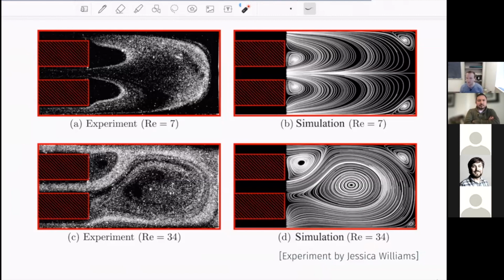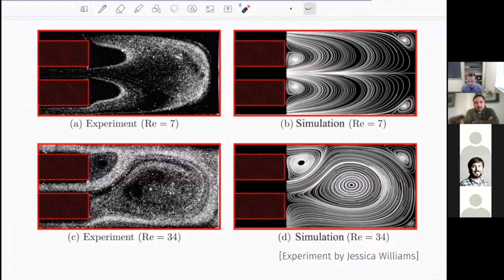For 7, it's nice, it's symmetric. For 34, the solution suddenly becomes non-symmetric, which tells you there is at least one more solution if you just flip it vertically. It's totally changed the nature of our solution.